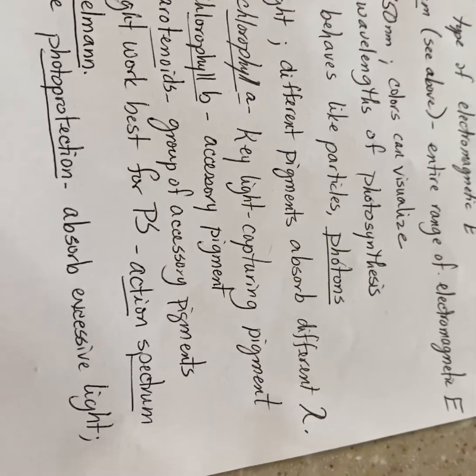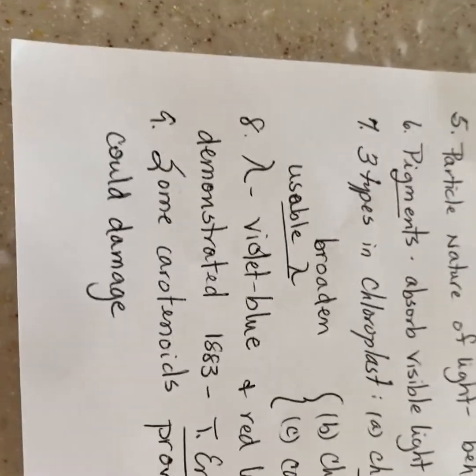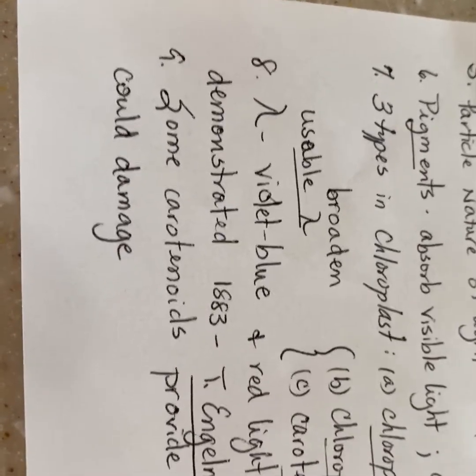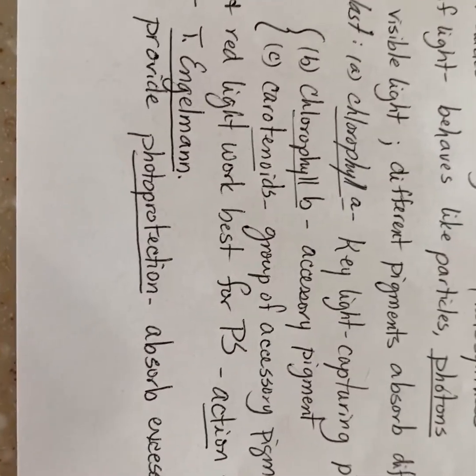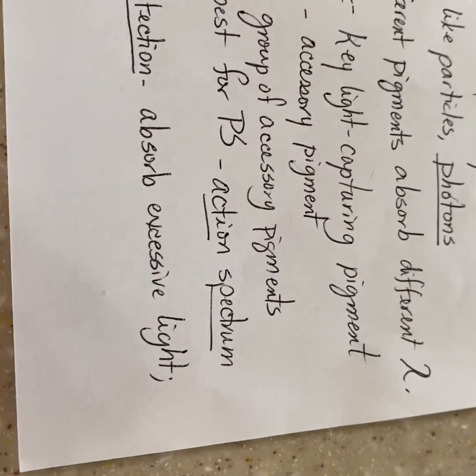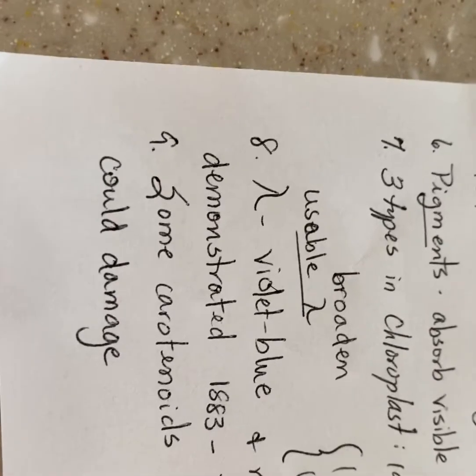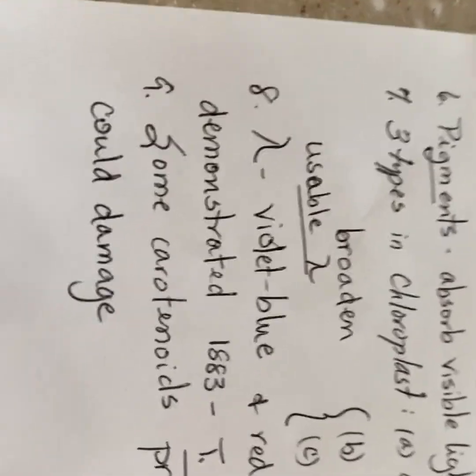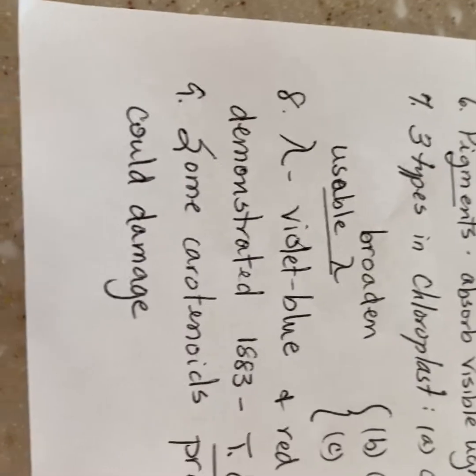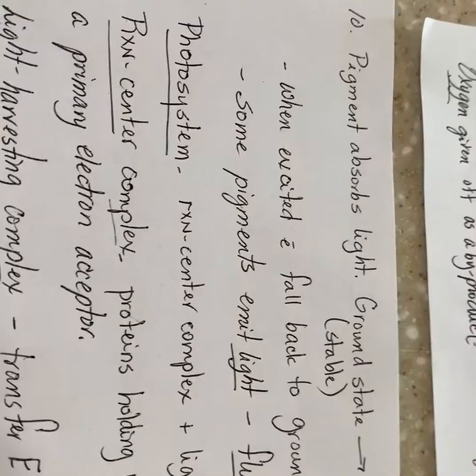And this is called the action spectrum. We know that some of the carotenoids, some of these pigments, actually provide photoprotection, absorbing any excessive light, because remember, that light is also electromagnetic and could cause physical damage to the DNA and to the leaf structure.